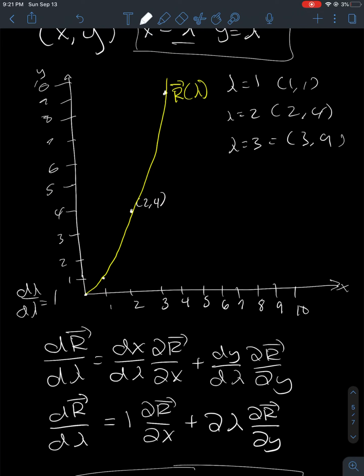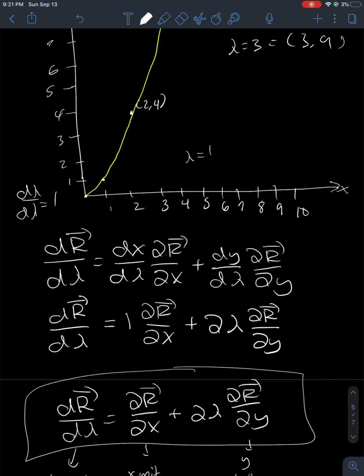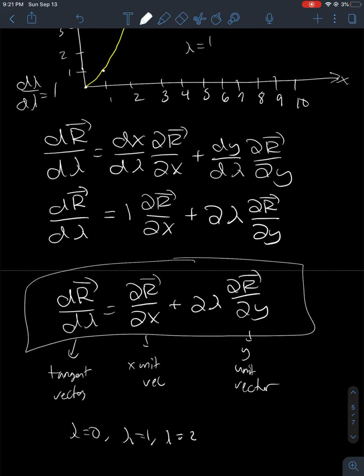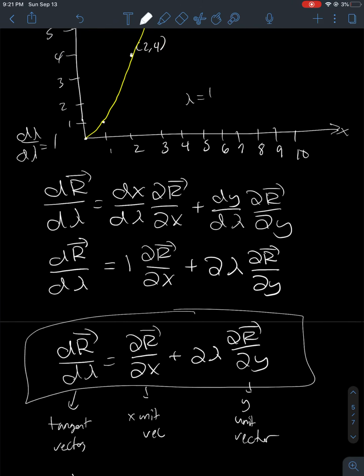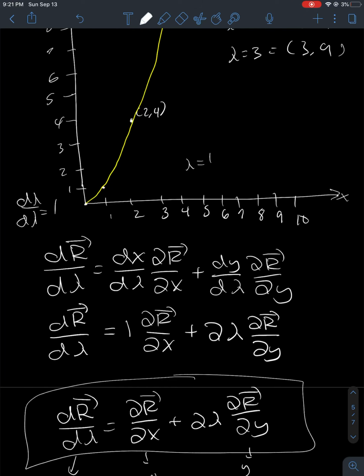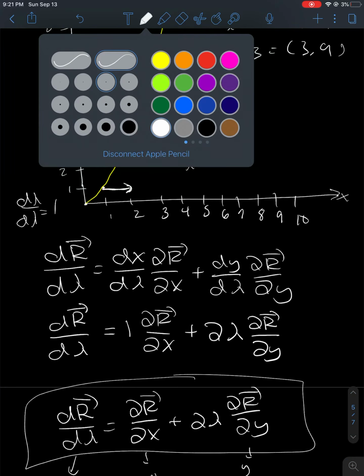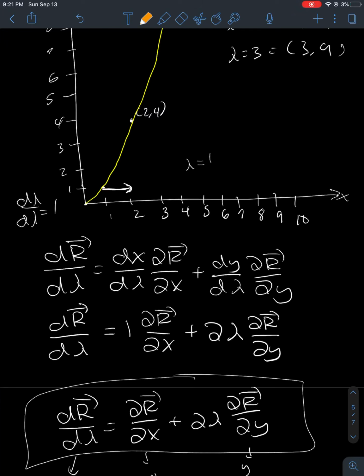So for lambda equals 1, you have the point 1, 1. Our tangent vector is going to be 1 partial r over partial x plus 2 partial r over partial y. So it's going to be like this. Here's 1 partial r over partial x, and then 2 partial r over partial y, right here.